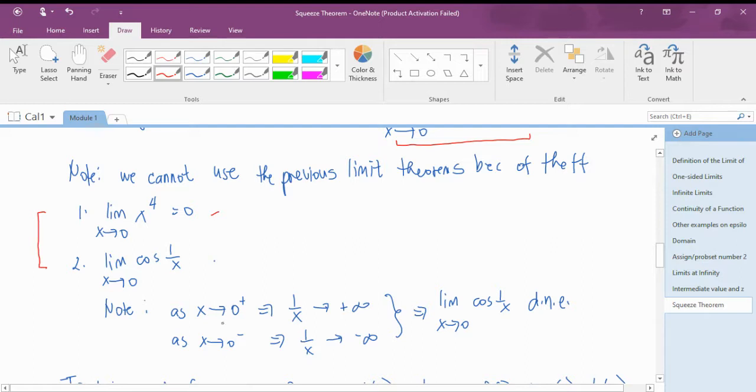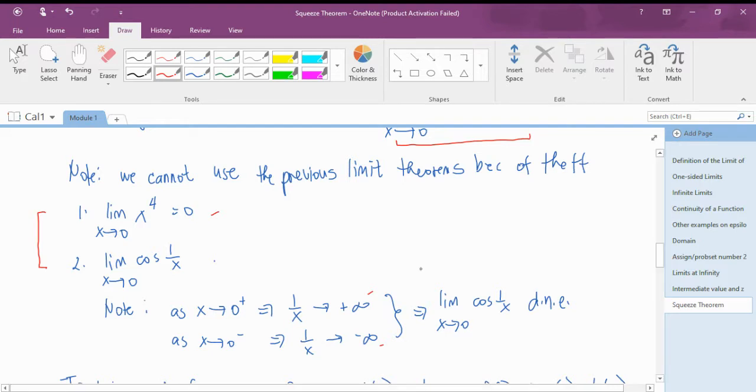Take note, as x approaches 0 from the right, our 1 over x approaches positive infinity, and as x approaches 0 from the left, our 1 over x approaches negative infinity. So what is the value of cosine of 1 over x when it approaches positive infinity and negative infinity? The value of cosine of 1 over x just fluctuates between negative 1 and 1.